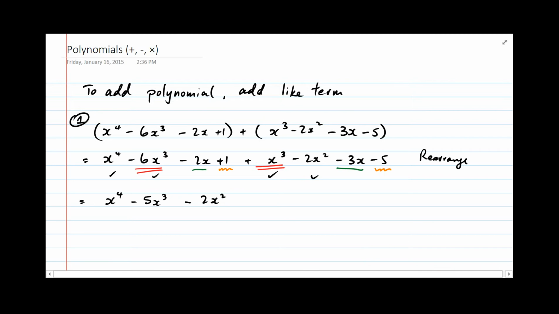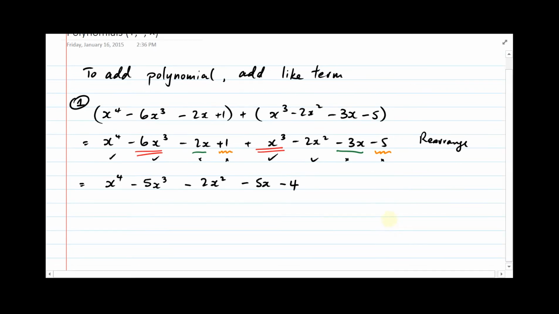I now have degree 1 terms to deal with. I see in green here my negative 2x and my negative 3x. Combining them, I end up with minus 5x. Those two are used up. And then finally the constant terms, I end up with minus 4, right? So ensure that in combining, you have accounted for every single term that was there.